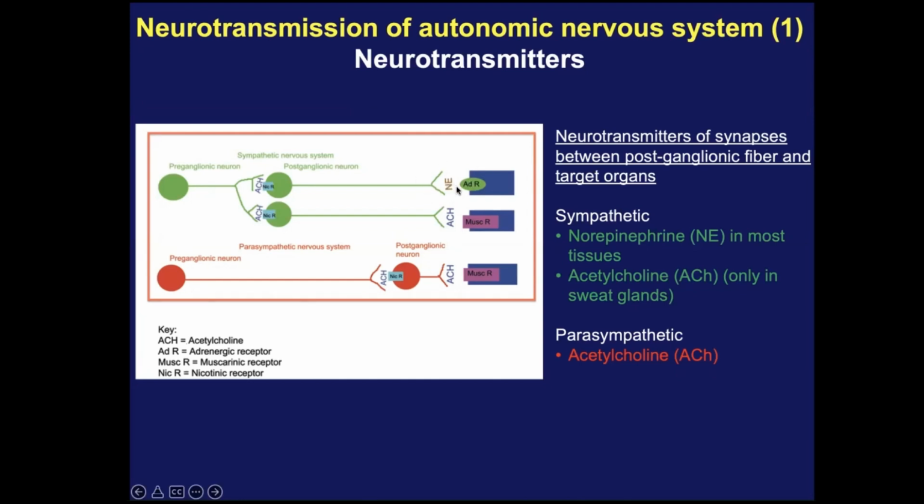In this system, norepinephrine is the neurotransmitter for the majority of the tissues that are innervated by the sympathetic nervous system, with the only exception of the sweat glands, which are also innervated by the sympathetic system, but they use acetylcholine as the neurotransmitter.